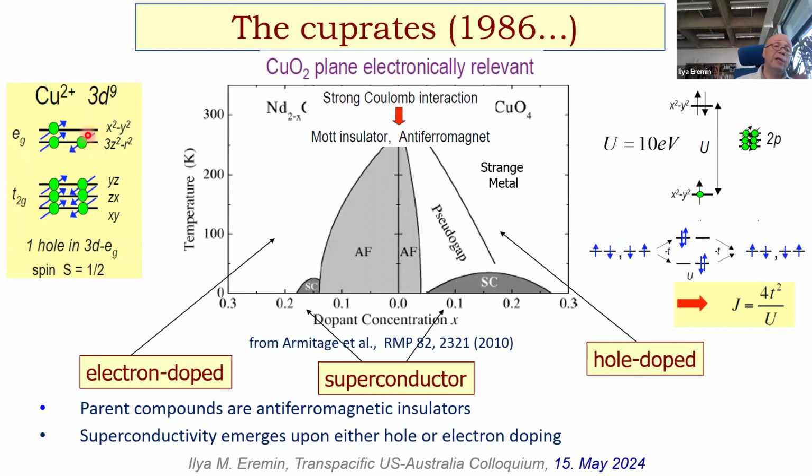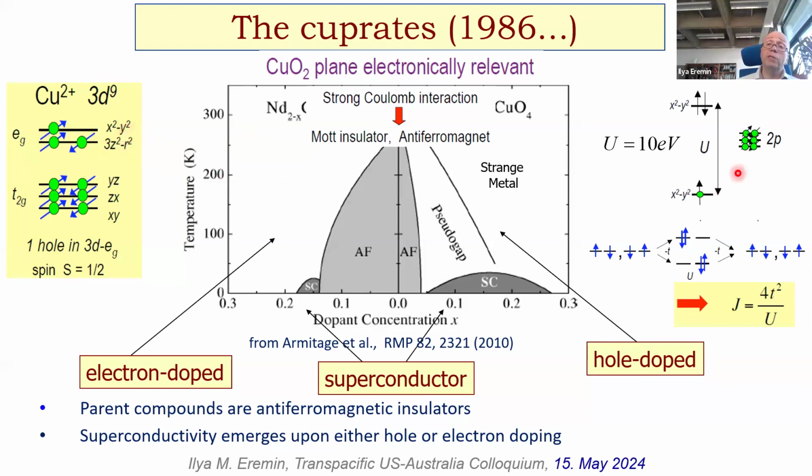Which effectively in the filling means that you have d9 electrons, one hole on an x squared minus y squared orbital. And the eg orbital is also split because of the Jahn-Teller distortion, because you always have some orthorhombic distortion in this. So you have effectively a problem of having one hole on the half-filled dx squared minus y squared orbital.